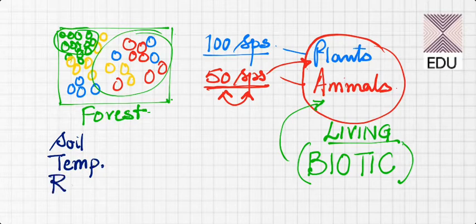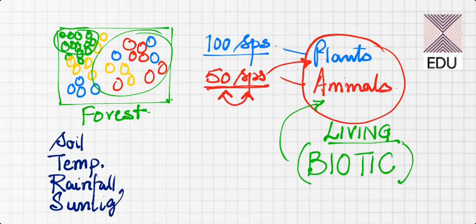See, we have rainfall, we have sunlight, which is very, very important for the survival of all the plants and the animals in that particular area.